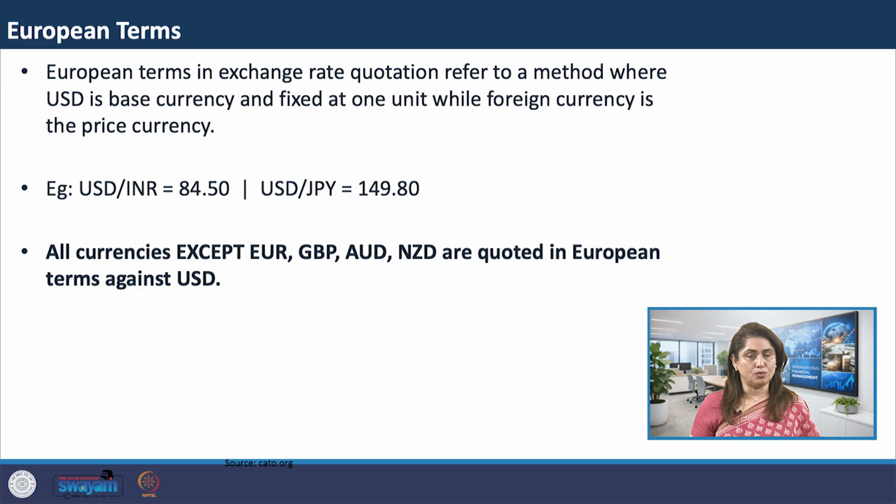Every currency in the world except Euro, Pound, Australian dollar, New Zealand dollar is quoted in European terms against the dollar. These countries historically viewed their own currency as the stronger or primary currency, so they prefer to place it in the first place in the quotation.